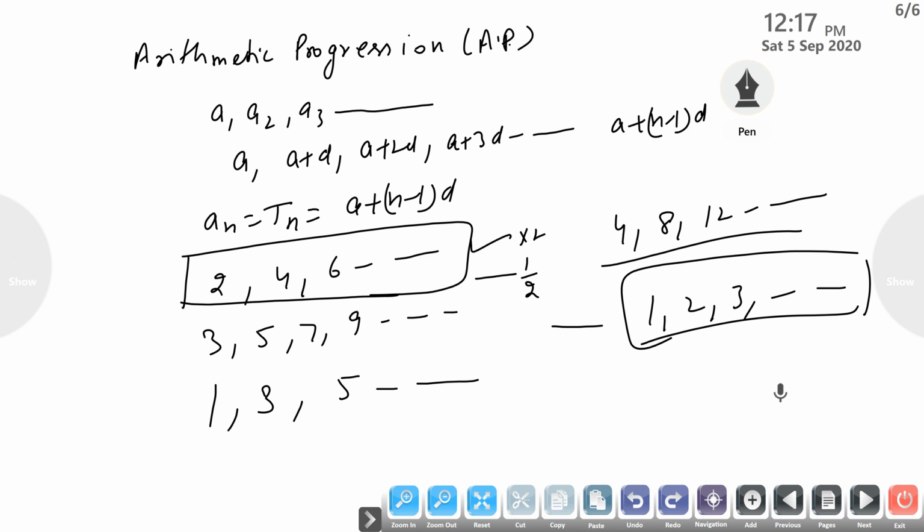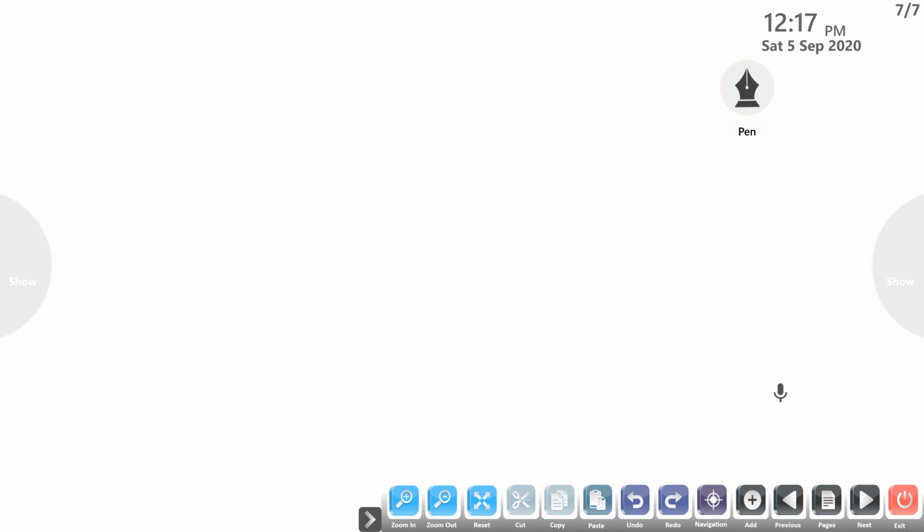So now we discuss how to find the sum of the arithmetic progression. Take the general sequence of the AP: first term is a, second term is a plus d, third term is a plus 2d and so on, and its last term is a plus (n minus 1) into d.